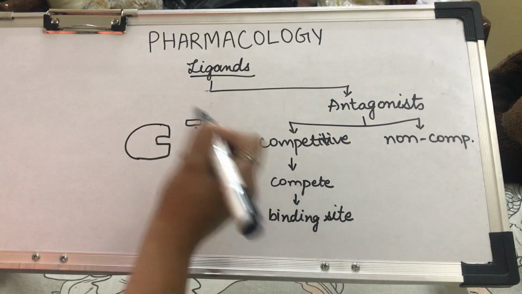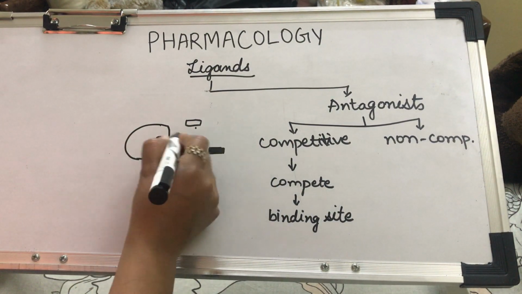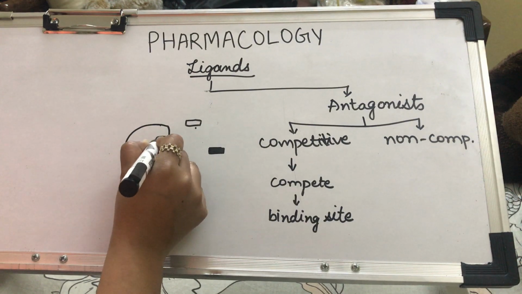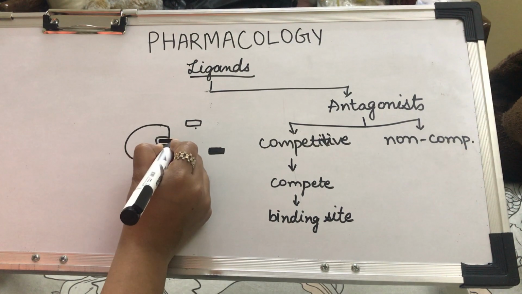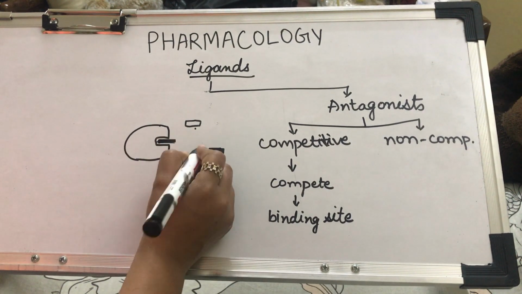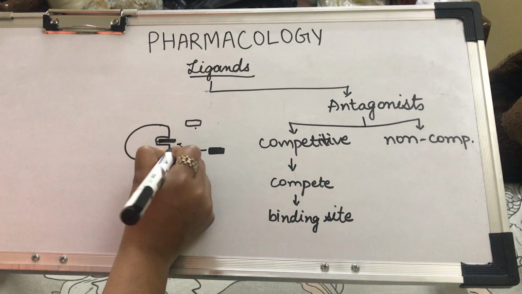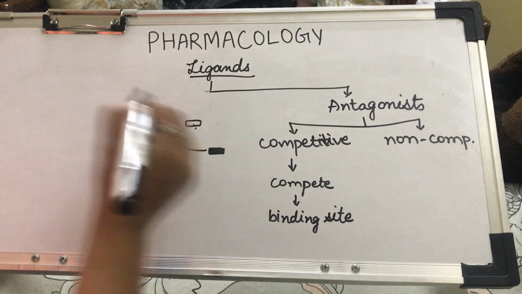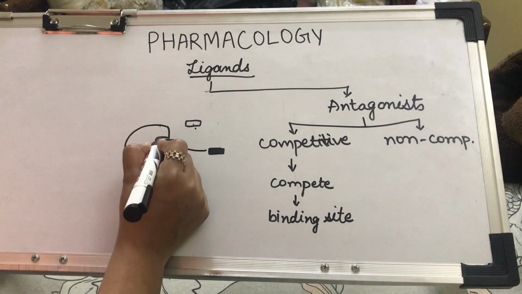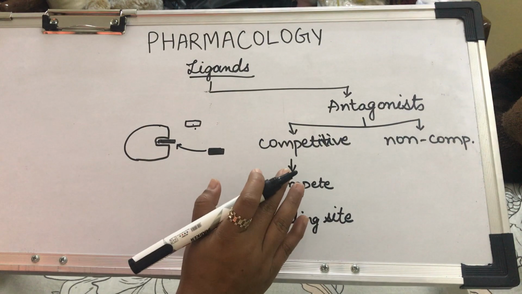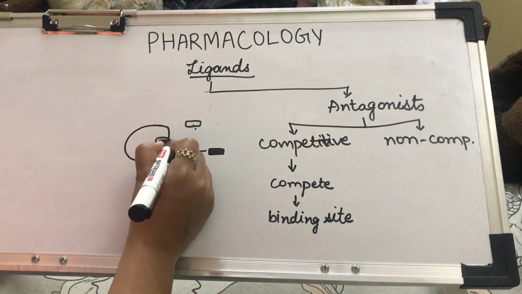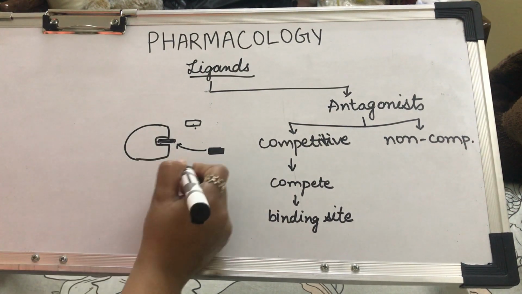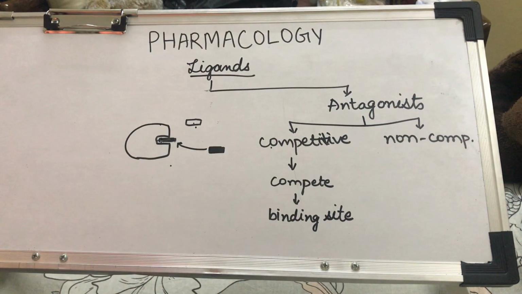These two are going to compete, and whichever takes this place first is going to give the response. Suppose the antagonist comes and binds here before the substrate comes, and it blocks that space for the substrate and blocks the activity of the receptor. This is a competitive type of antagonist.